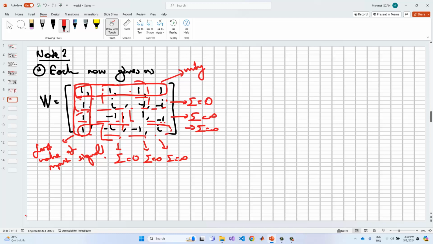You get it? If we multiply any signal x1, x0, x2 in here, these rows are multiplied with what? With the whole values of the x. Just remember that: x0, x1, x2, and xn, right?